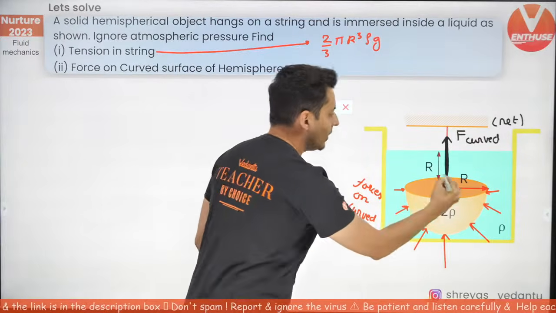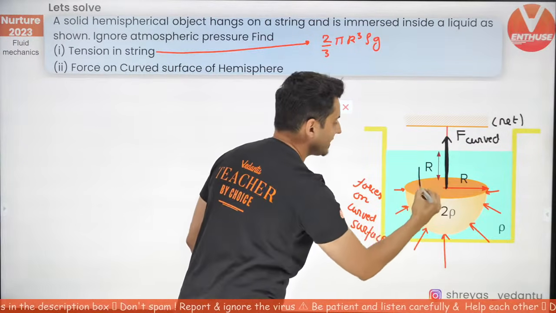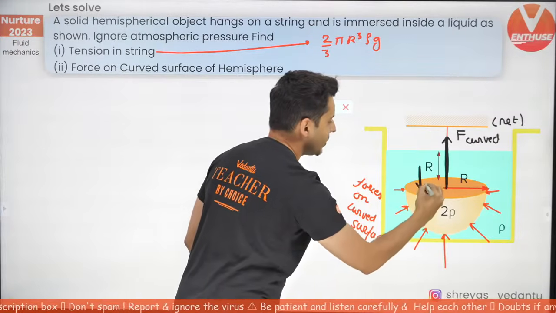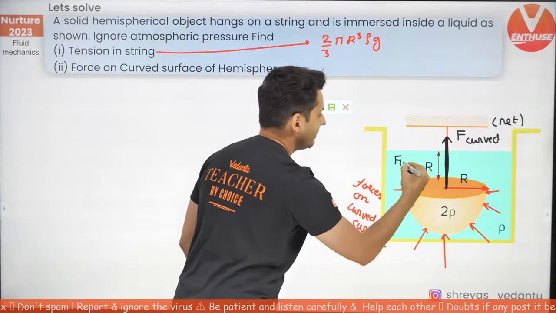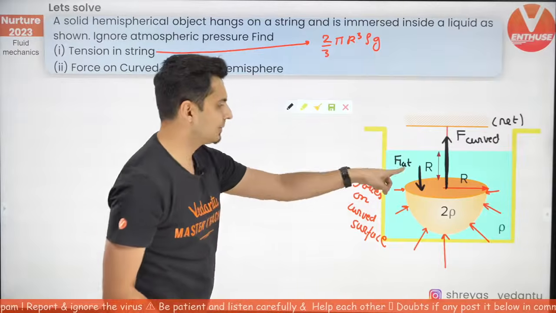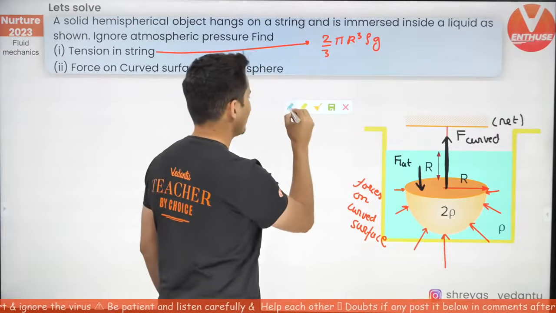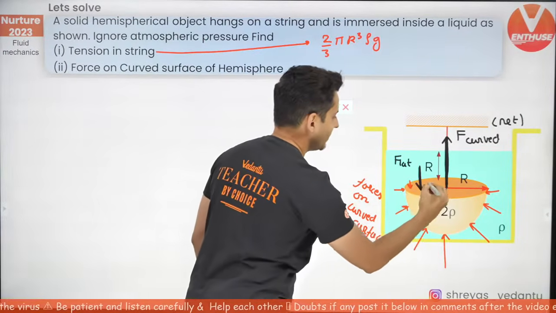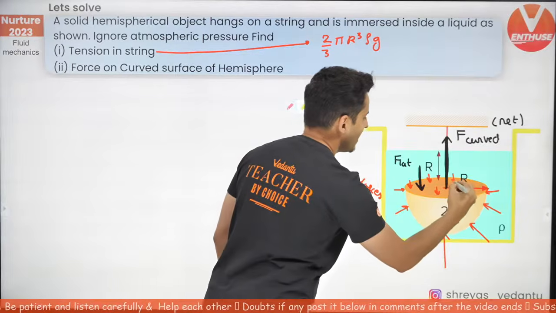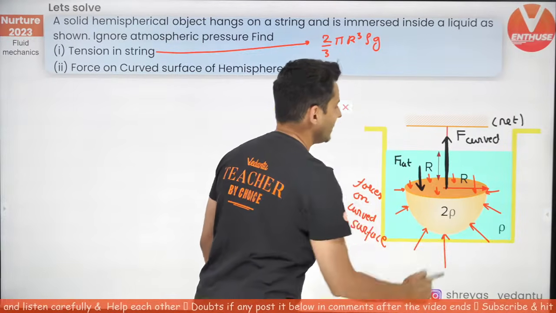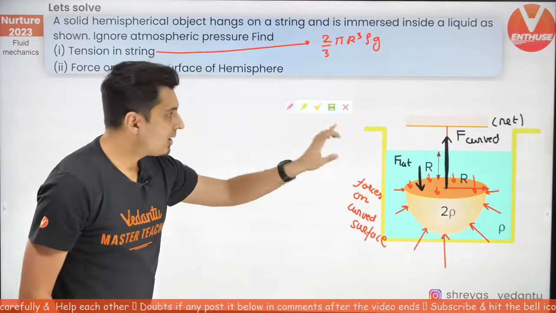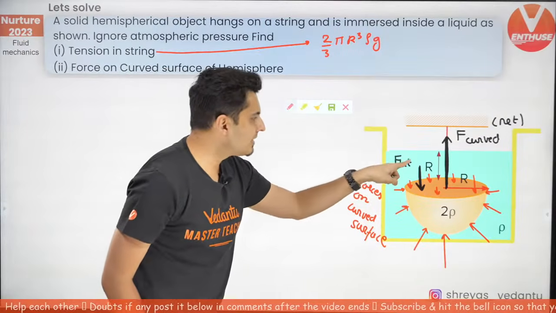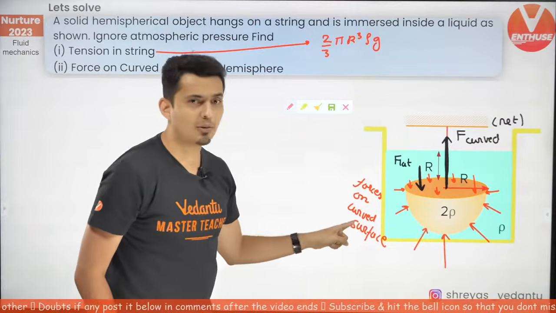Guys, there is also a force on the flat surface acting down, correct? So there are these forces acting on the flat surface as well, and there will be a resultant of all of them. Now, what is the resultant of this flat force and the curved force?